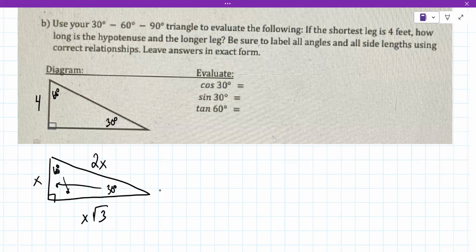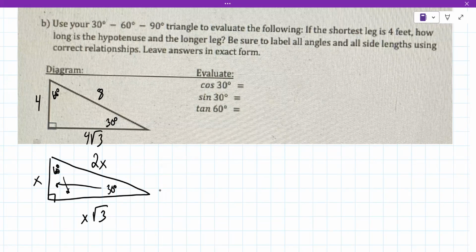So then I guess the hypotenuse would be 8, and the longest, or 60-degree line, would be 4 square root 3. So x, 2x, x square root 3.